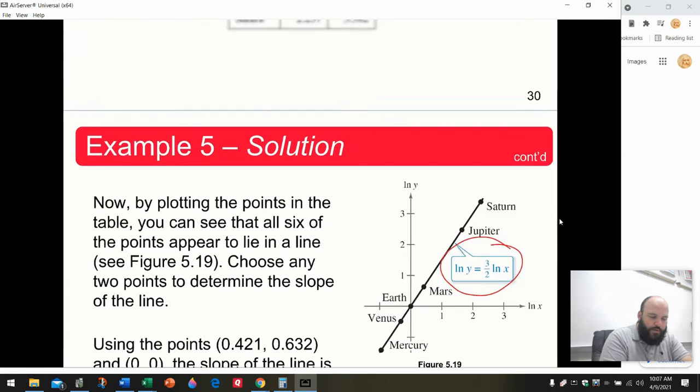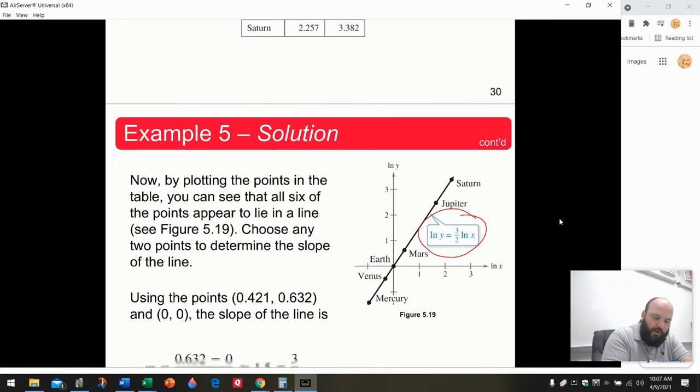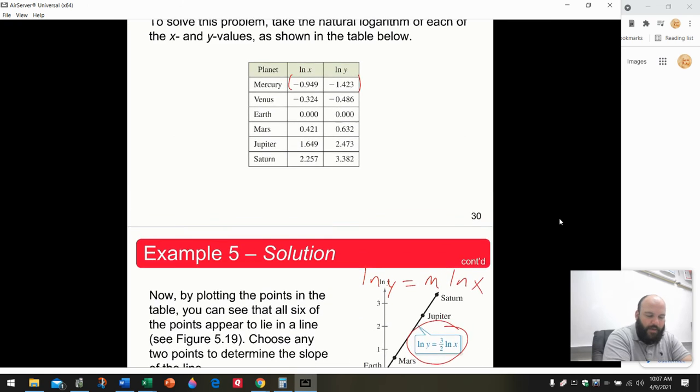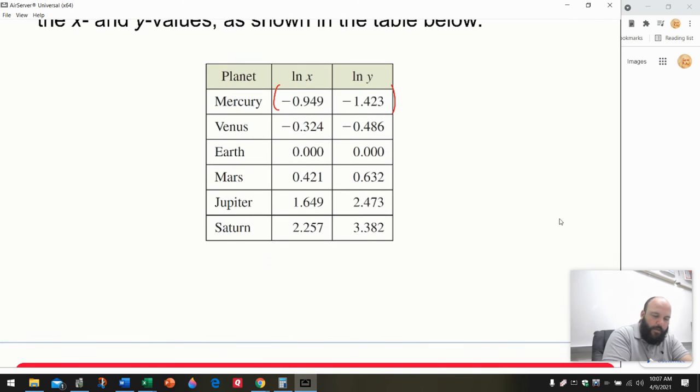In order to come up with the slope, remember our equation is the natural log of y is equal to m times the natural log of x. So what we need to do is find that m. The way we find m is we find the slope. So the slope is y2 minus y1 over x2 minus x1.